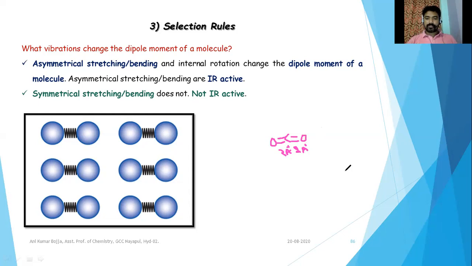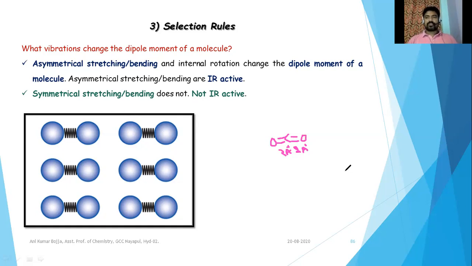There are 4 symmetry elements. Generally, molecules are classified into 2 categories: symmetric molecules and asymmetric molecules. Symmetric molecules contain any one of the symmetry elements in them. If the molecule does not contain any one of the 4 symmetry elements, those molecules are asymmetric molecules.